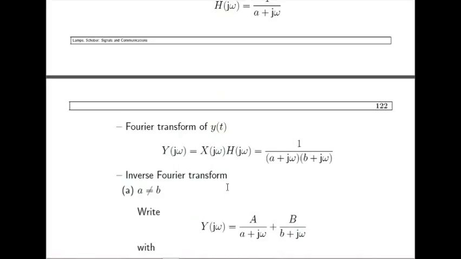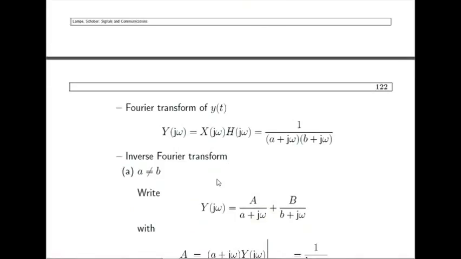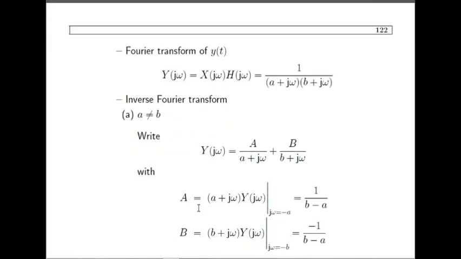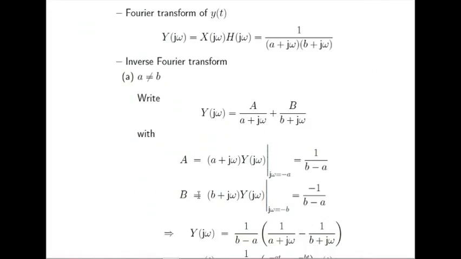I can rewrite this equation with the help of partial fractions, and now I can find the values of A and B. To find the constant of this denominator, what should I do? I need to multiply this denominator with this equation and put the value of jω as minus a.